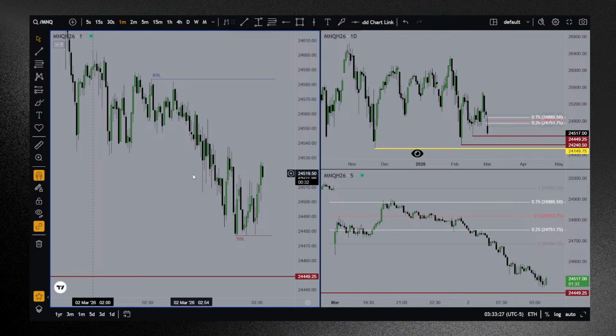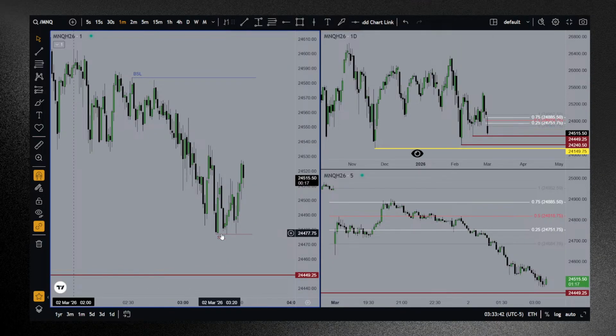Those relative equal lows, those lows taken, and now we are engineering relative equal lows, triple relative equal lows ahead of a higher time frame draw. So that will be a likely future draw on price.